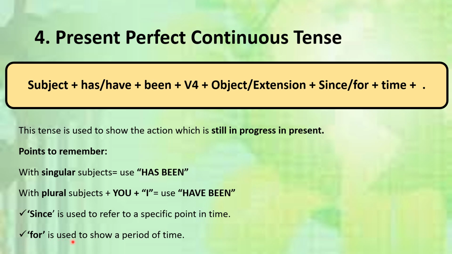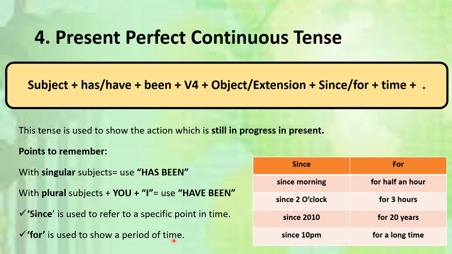And for is used to show a period of time. For example, since morning, since 2 o'clock, since 2010, since 10 p.m. And for half an hour, for 3 hours, for 20 years, for a long time.